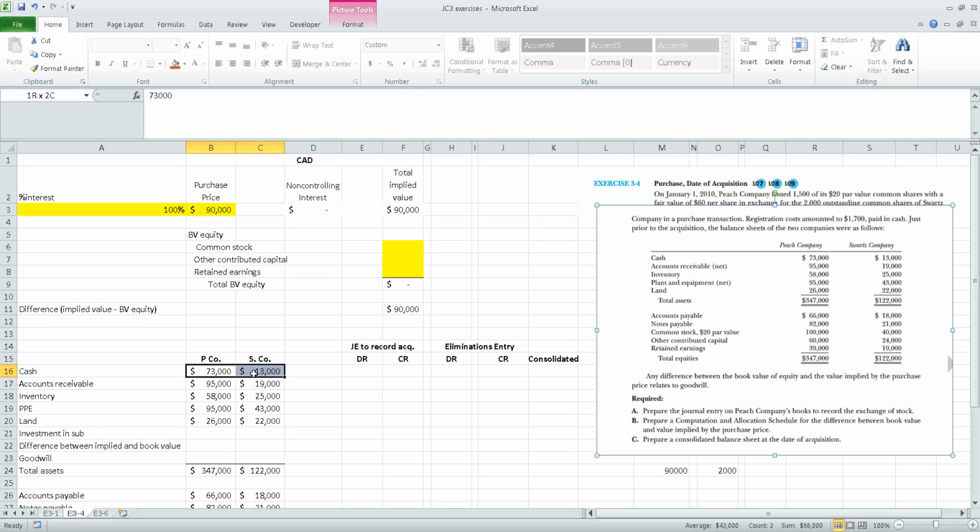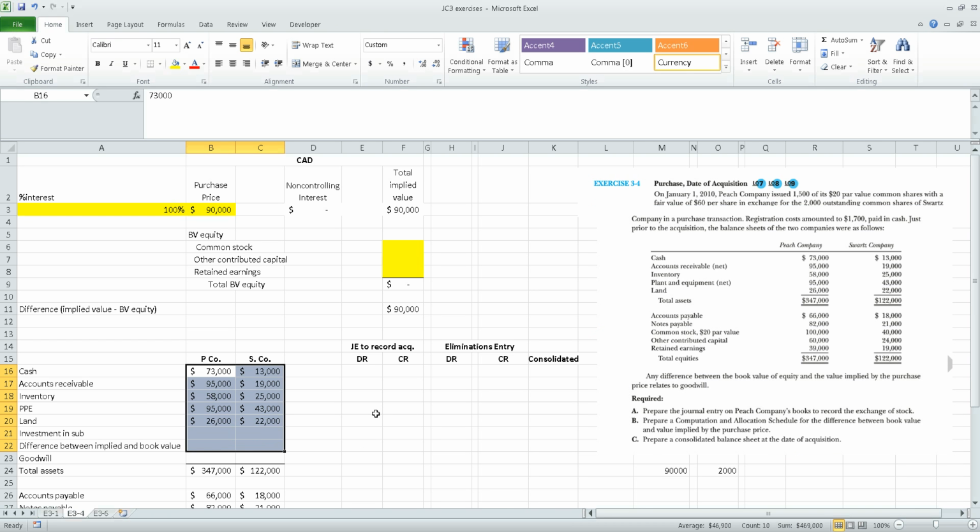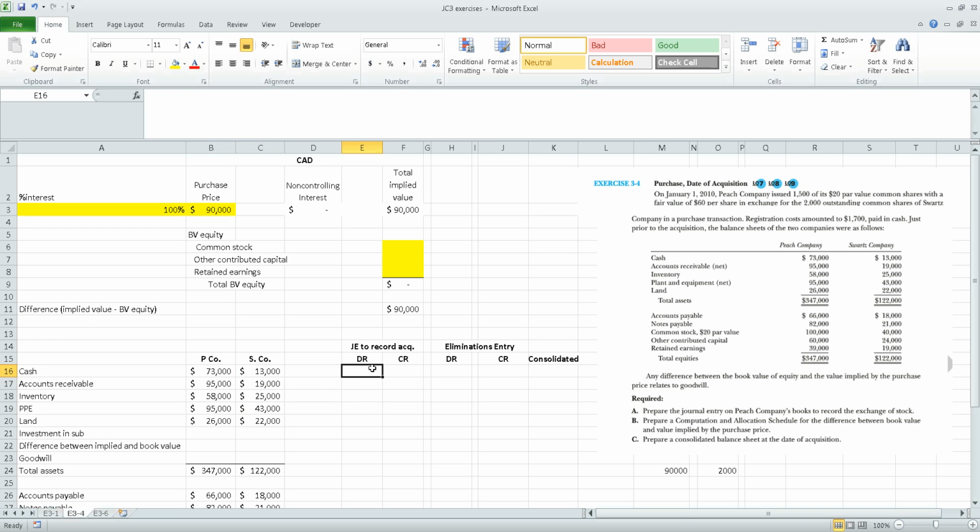So we need to update these balances by the journal entry that Peach would have made in order to book the acquisition of the sub.